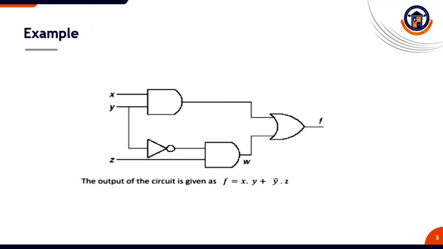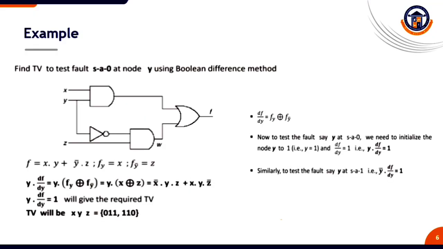Consider this example circuit; we can compute the test vector using the Boolean difference method. What is the expression of this circuit? That is f equal to x dot y plus y bar z.